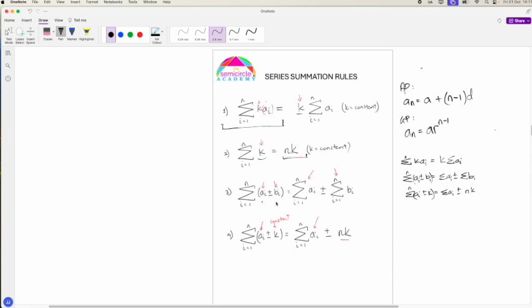If you have two sequences, addition or subtraction, then it will just be the summation of the individual ones, and then you add or subtract that. And if you have the summation of a sequence plus a constant, it would just be the summation of the sequence plus n times the constant.